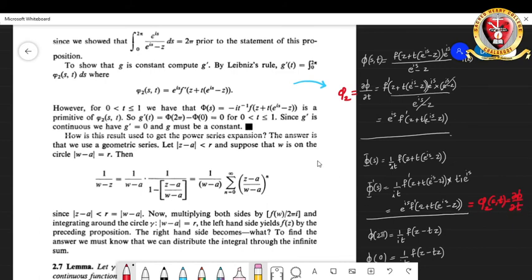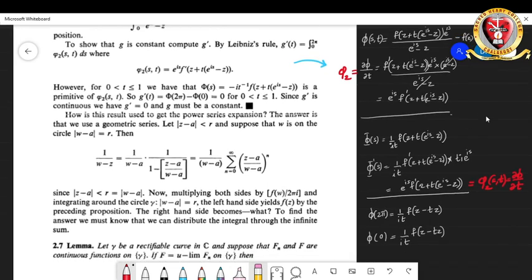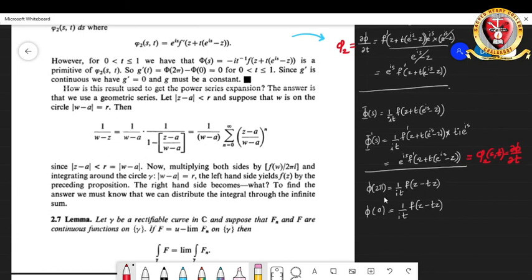Now you can apply the fundamental theorem, which says that g dash of t is equal to the capital phi of the upper limit minus capital phi of the lower limit. So we have to find capital phi of 2 pi.